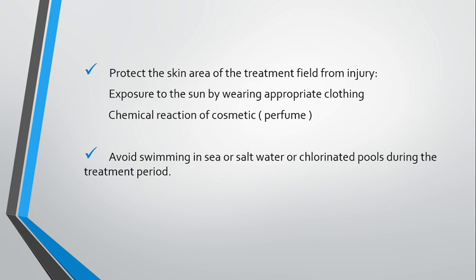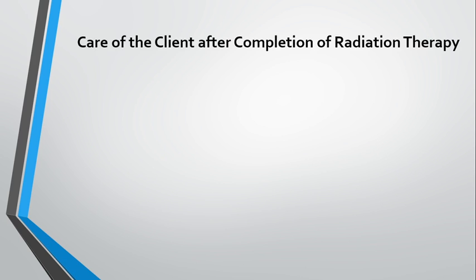Sea bathing, as well as swimming in chlorinated swimming pools, should be avoided during the treatment period. And shaving of the treatment field should be avoided. So that is before and during treatment.